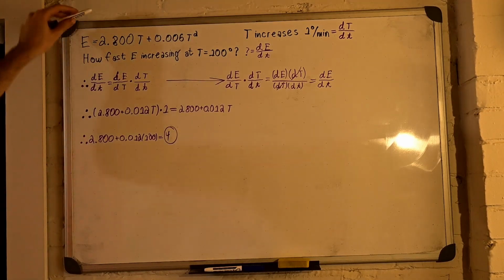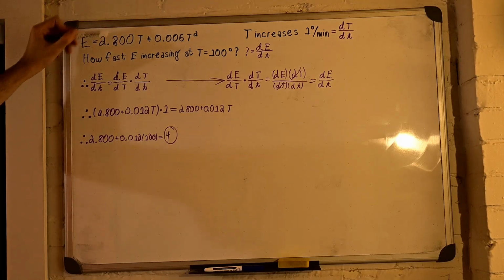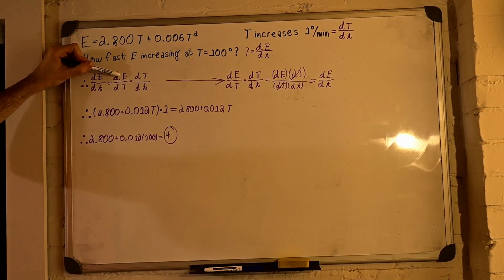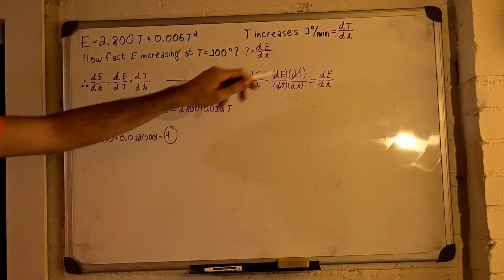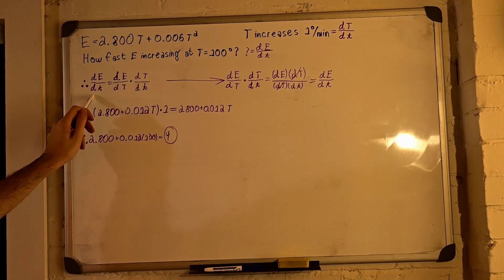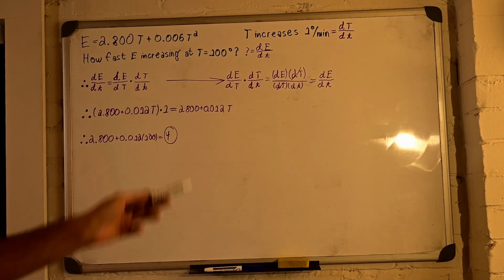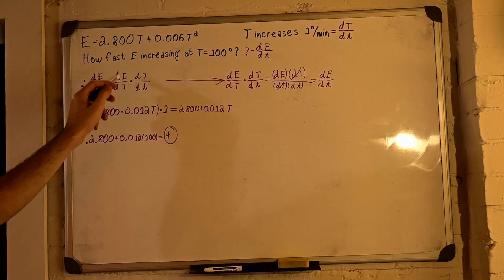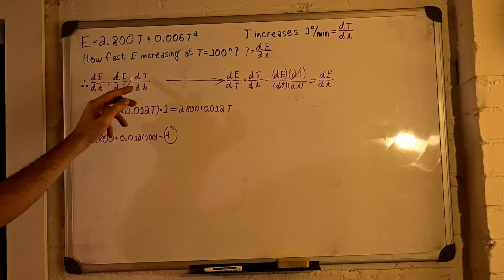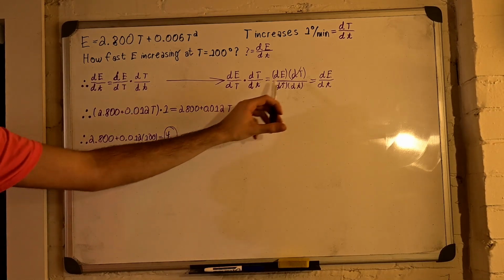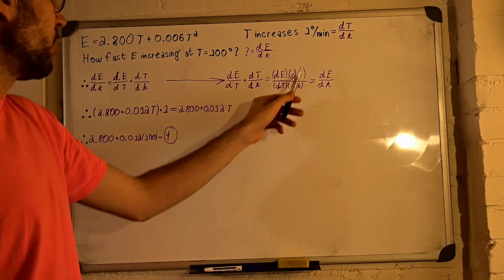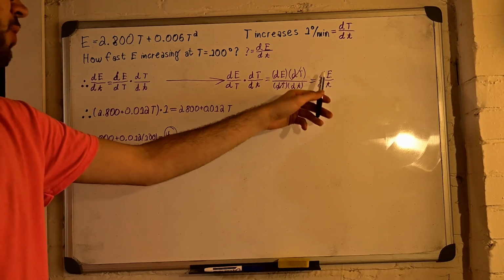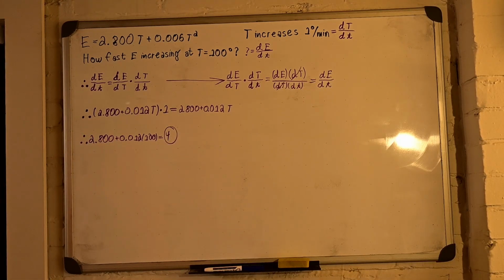If we combine the derivative of this, the derivative of E with respect to temperature, with what they give us here, then we can find dE over dt. I went over this in the last video, but again, I'll show you. Derivative of E with respect to temperature times derivative of temperature with respect to time. If you look at what happens when you multiply them together, the dT cancels out in both, and you end up with what we're looking for, the derivative of E with respect to time. So this is exactly what you do.